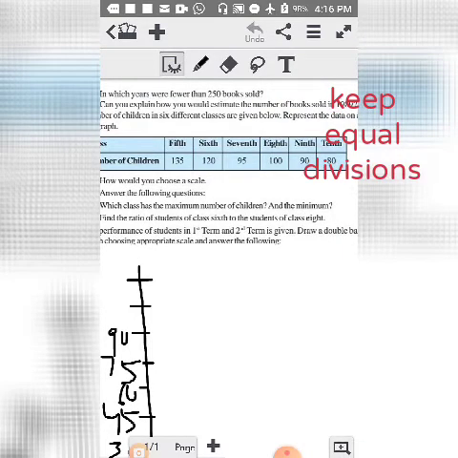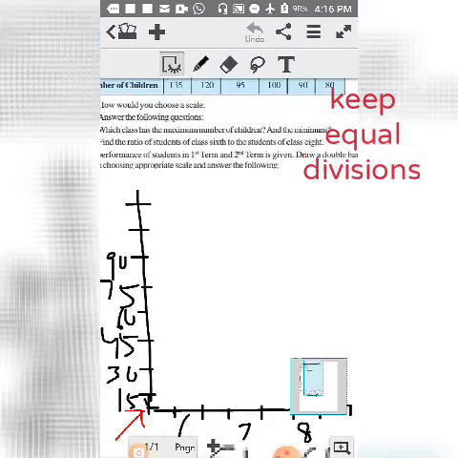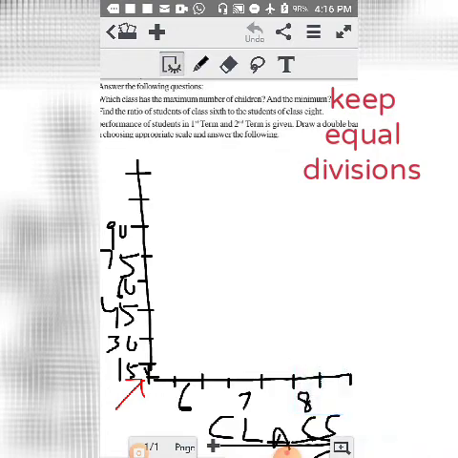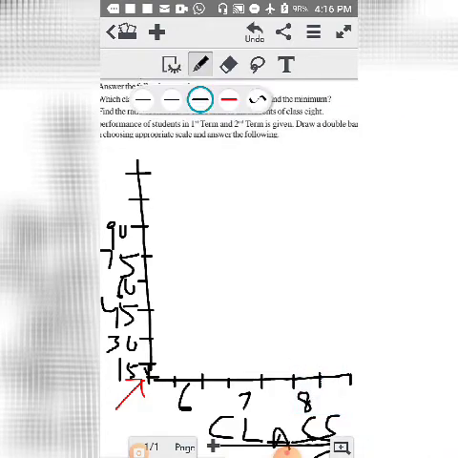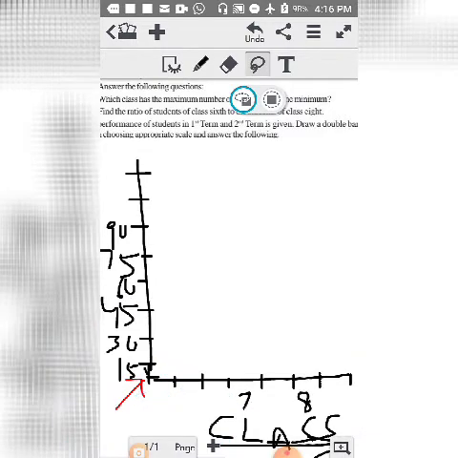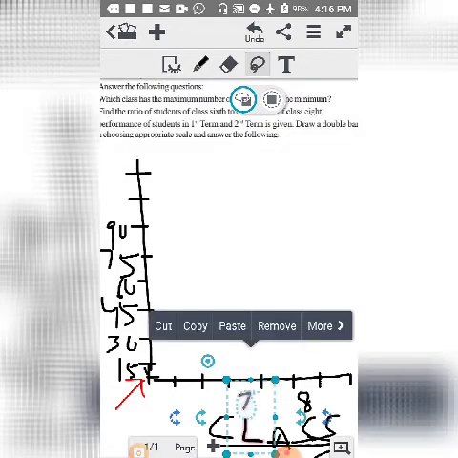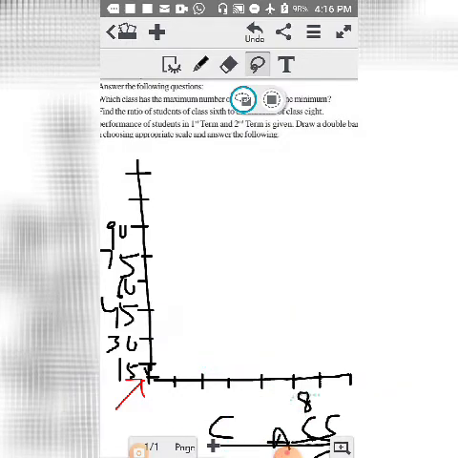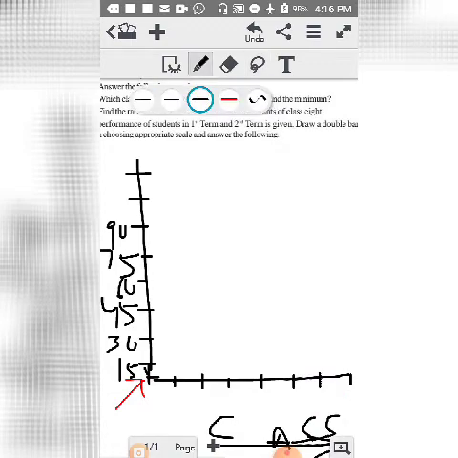First number is 5th, so 5th will come where? So the first rectangle is 5th, it is 135.